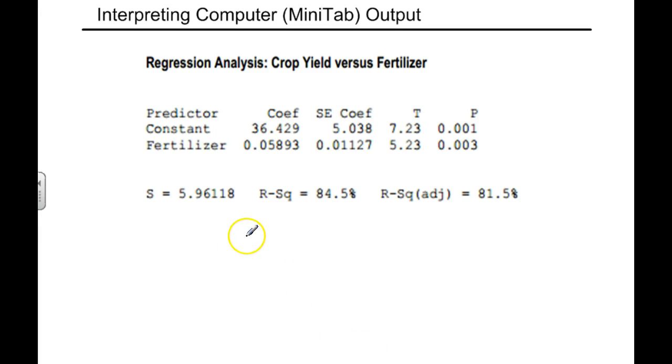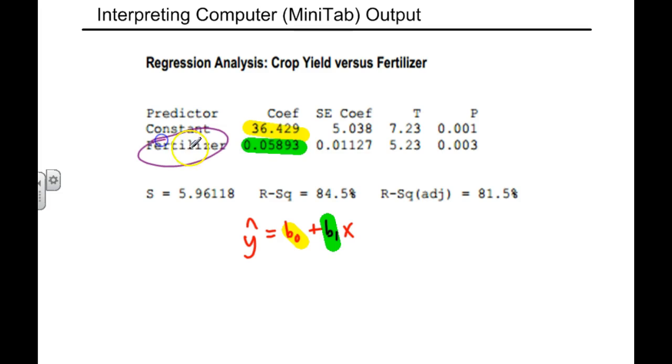Again, our equation is going to be y hat equals b naught plus b sub 1, which is our slope, times x. You just want to know where these things are. Under constant, that's where we find our constant, our coefficient, our y-intercept. Next to the x variable, we find our slope.